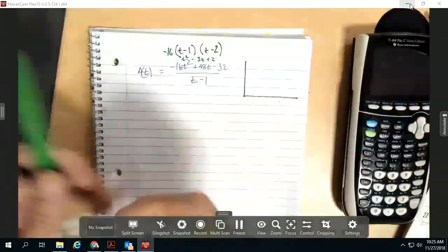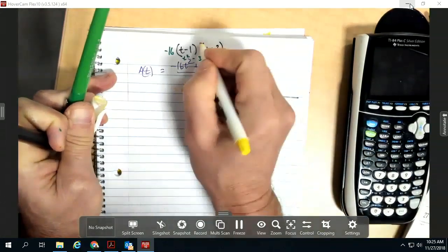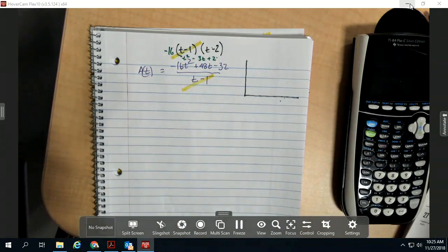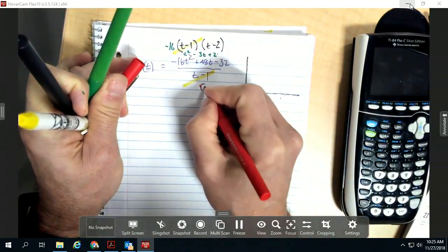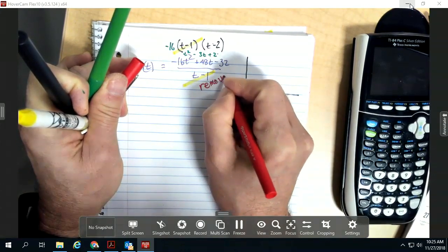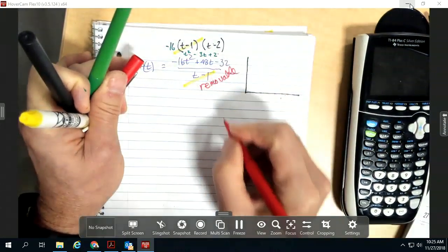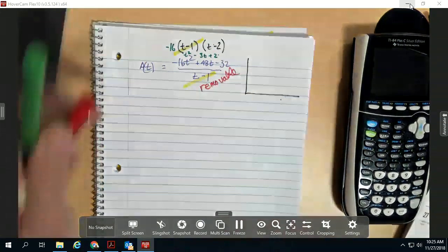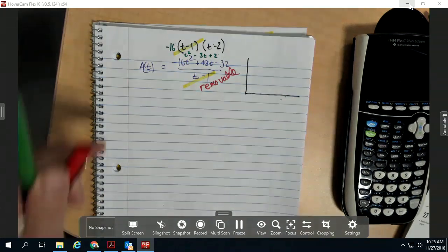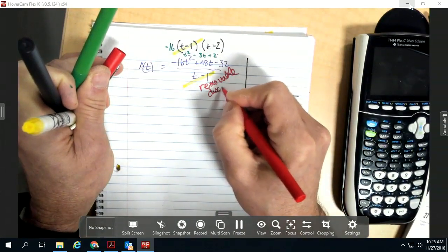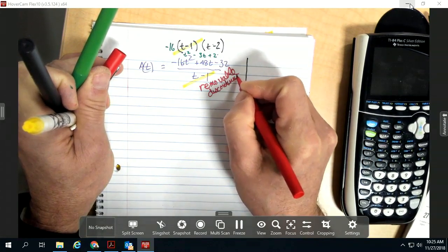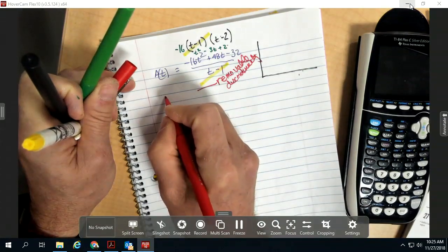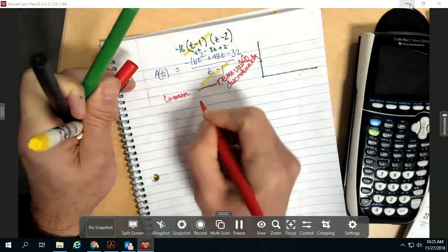Now, when I factor this, this is a removable discontinuity. Why is it removable? Removable just means common factors.